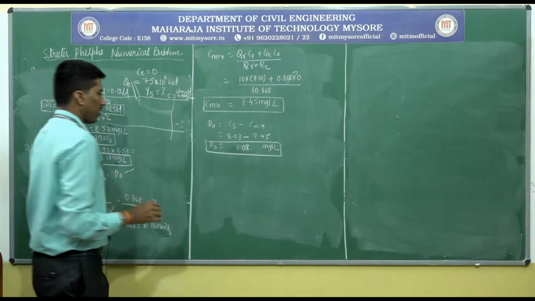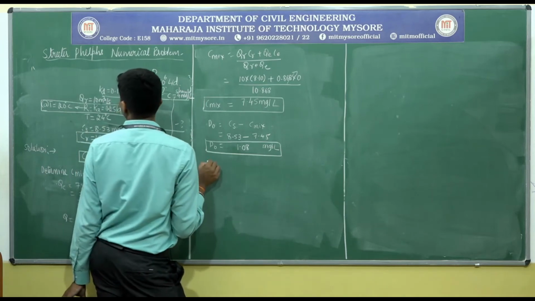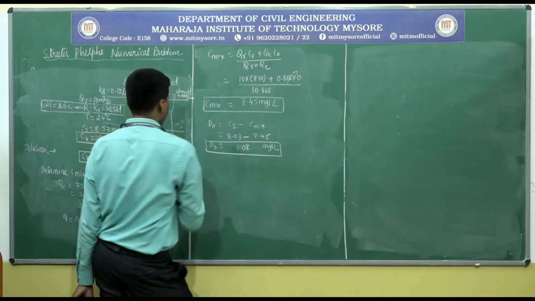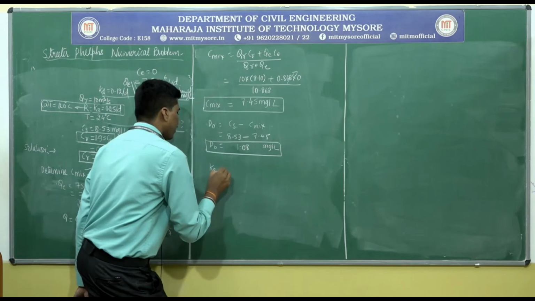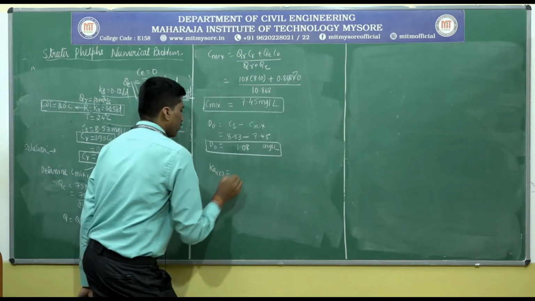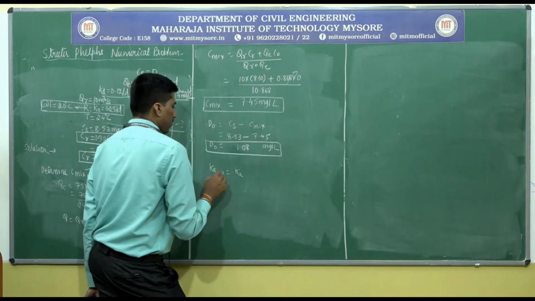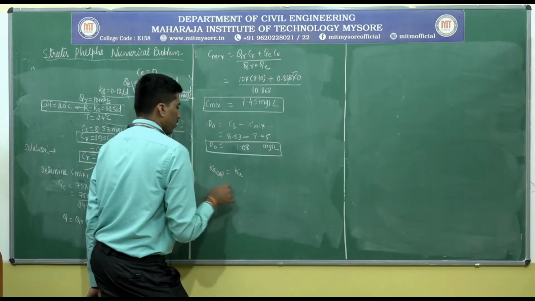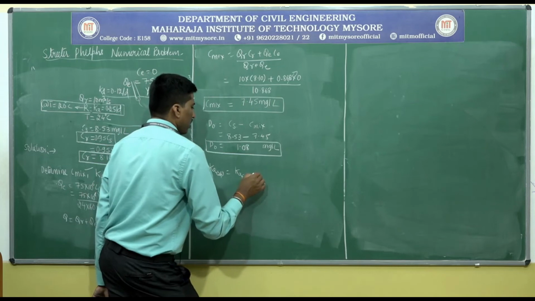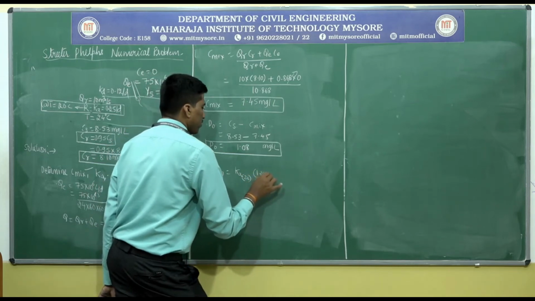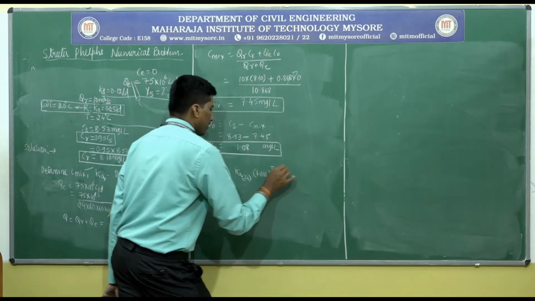What about the Ka? Given Ka at 20 as 0.25. The temperature correction factor is Ka of T is equal to Ka at 20 into 1.016 whole raised to the power of T minus 20.